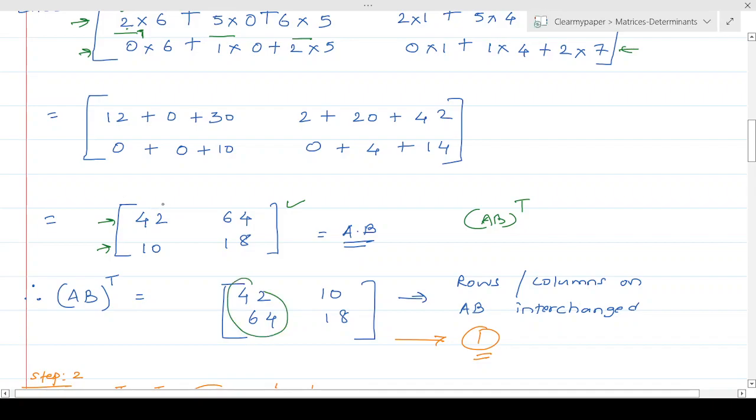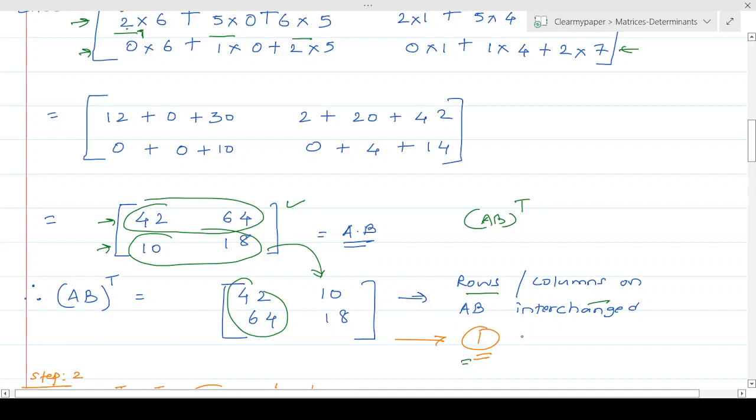This row over here becomes a column, and this row over here becomes this column. Whenever you exchange the rows and columns, that's the basic definition of transpose that we have learned. So the rows and columns are exchanged, and that brings us to the left hand side of the equation, which is equation 1. Now we have to find the right hand side of the equation and try to see if the left hand side is equal to the right hand side.